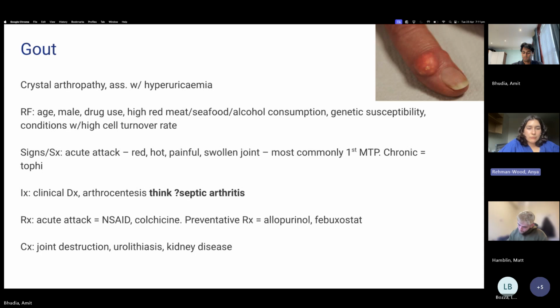The signs are a red hot, painful, swollen joint, and it's normally the first metatarsophalangeal joint. When you have a patient presenting with a red hot joint, the first thing you need to exclude is septic arthritis. So in investigating gout, you do joint fluid aspiration, and then examine it under polarized light microscopy, which we've already touched upon.